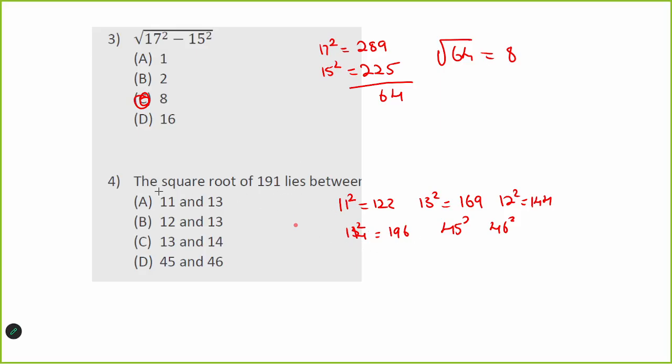So does 191 lie between 121 and 169? No. 144 and 169? No. 13 squared is 169 and 196. Yes, 191 does lie between that, so the answer would be C. It will not be D, because 45 squared and 46 squared are huge numbers, and we're just dealing with 191. Right?